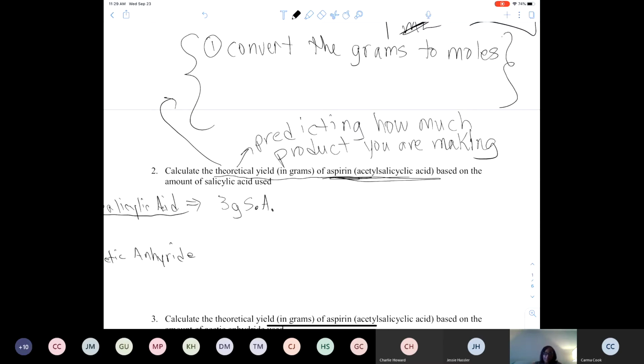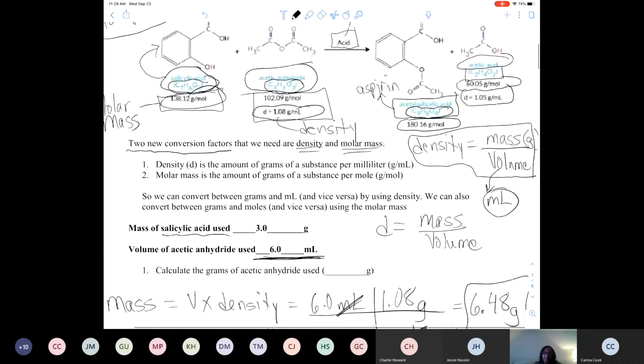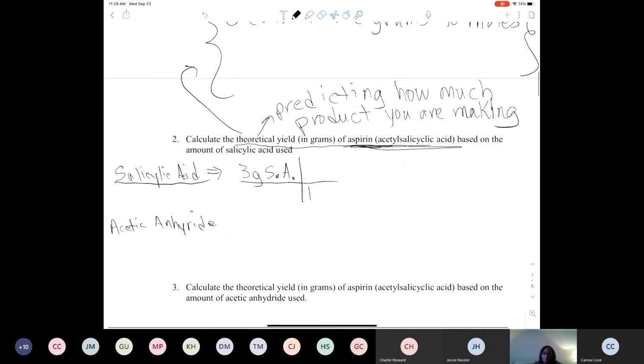To convert grams to moles, we divide by the molar mass of that reactant. And so we'll do that calculation. So 3 divided by 138.12.